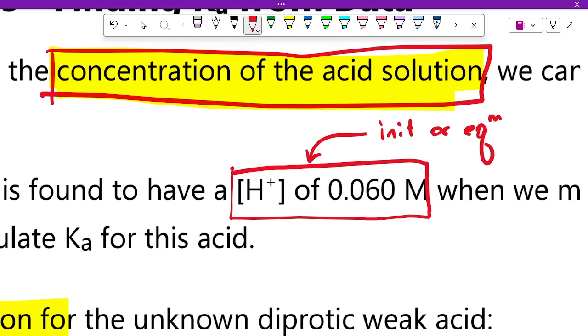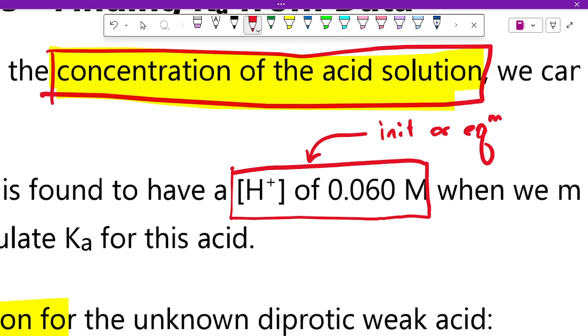I think it's still initial only because... What's the initial concentration of hydrogen? Always 0.